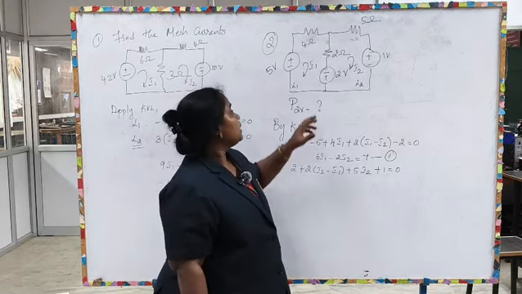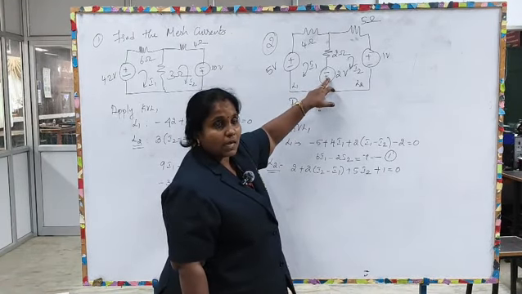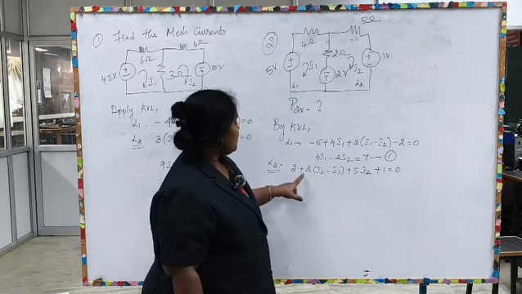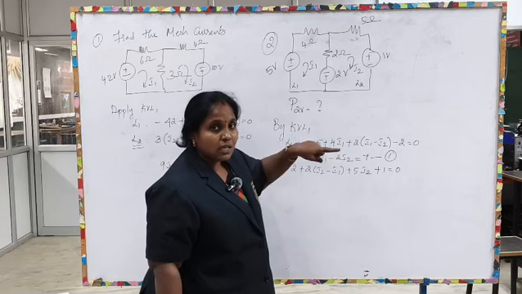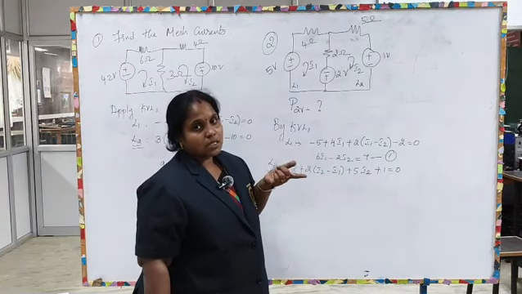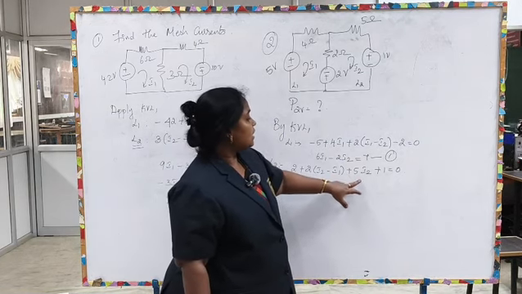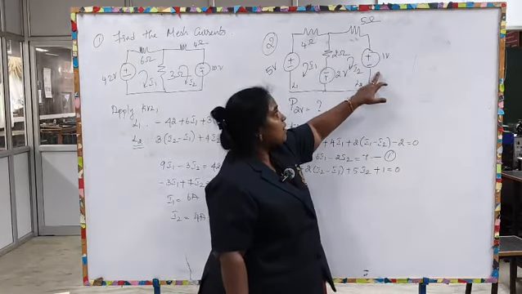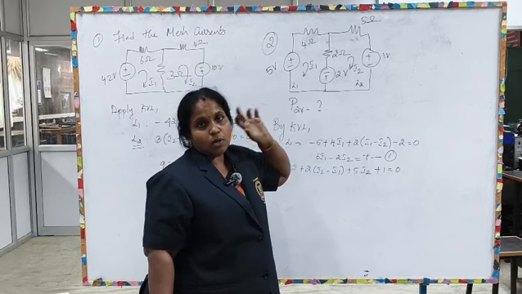Now, when you apply a KVL equation to your mesh 2, here the current is entering the positive of your supply or battery. So, it is plus 2 plus 2 into, since we are writing an equation for mesh 2, the current I2 will be considered as positive. So, it is I2 minus I1 plus 5 into I2, and again here we have one more voltage source where the current enters into the positive terminal of your battery.